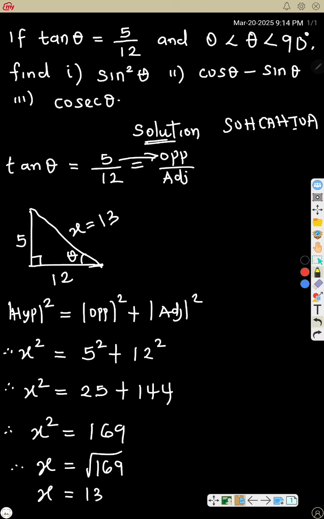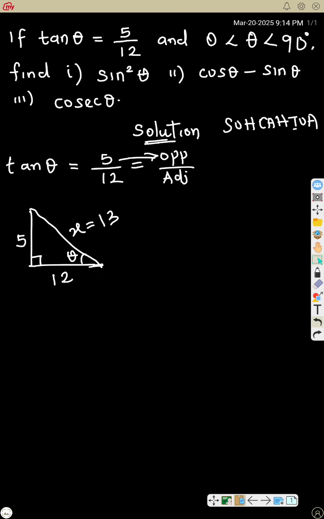So now we know 13. So we can now find A, that is sine square theta. Before then, you can know what is sine theta.